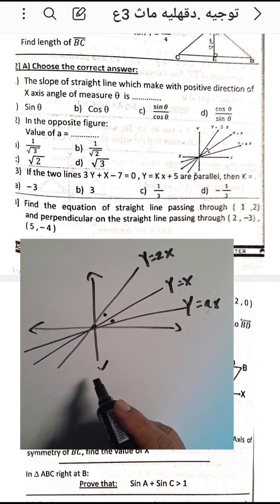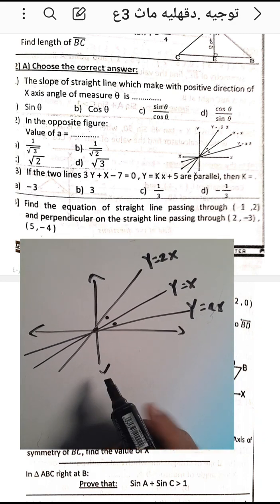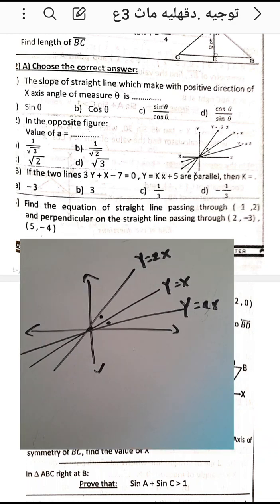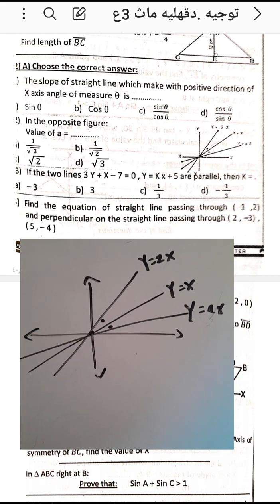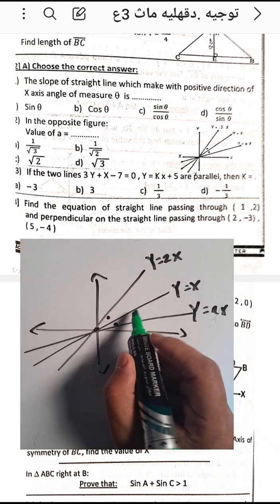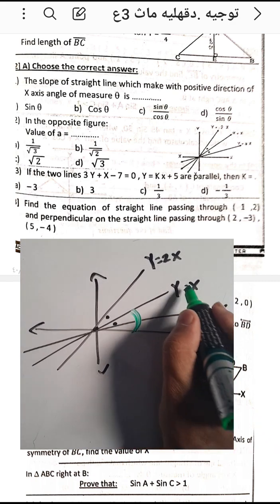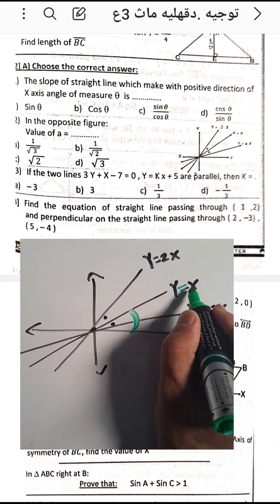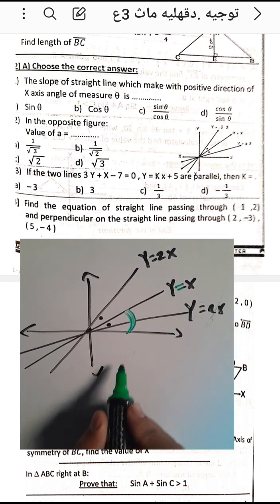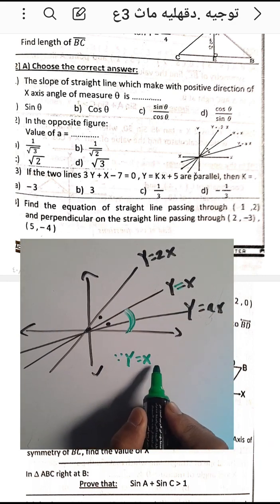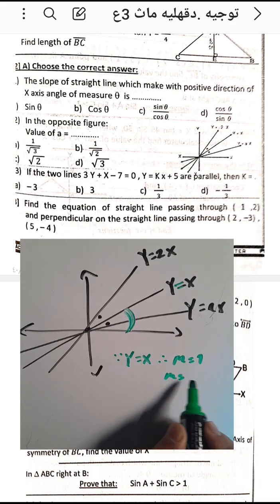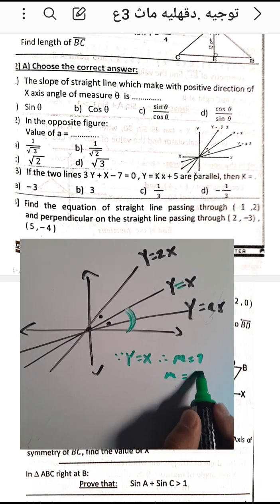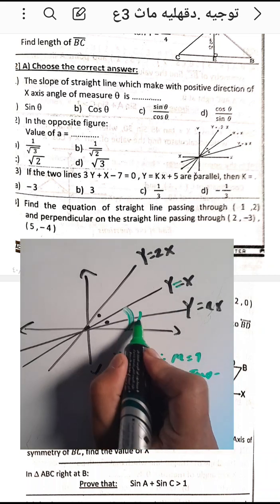It's the coefficient of x. The coefficient of x is the slope. He gives us 2 angles equality, and this angle will be 45 because the slope here will be 1, such that y equals x, then the slope here equals 1 because the slope equals tan theta, this angle will be 45 degree.